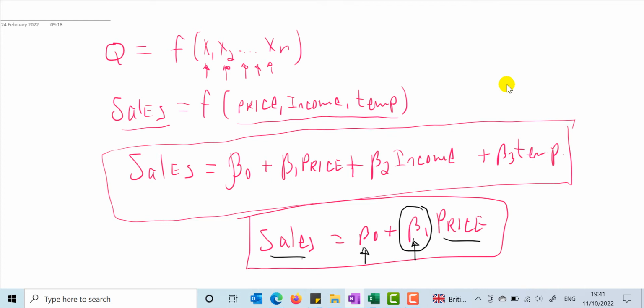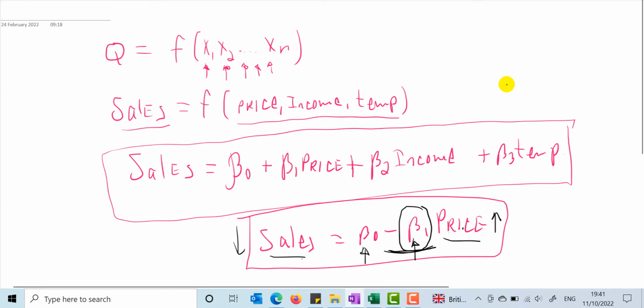Now, in this form, I stated this as a positive coefficient estimate, but in theory and also in practice, we would expect a negative sign for this coefficient estimate. So this is our hypothesis, because price and quantity demanded are related negatively. When price increases, we would expect quantity demanded to go down. Or more broadly, if we go to the main equation, we would expect a negative value here.